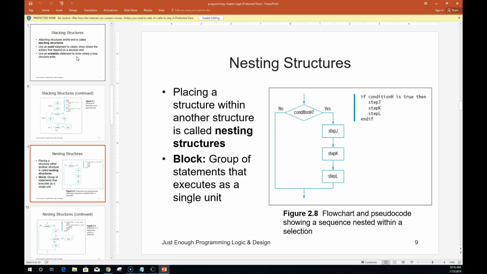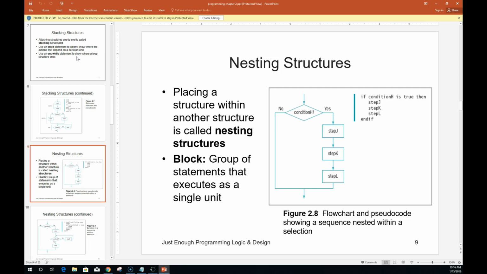So here's where the indents start to come into play and be kind of important. Because I can also do something a little more complicated. I can connect those Legos end to end, but I can also put them inside of each other a little bit. So in this case, I've nested them. So notice I've really got a structure there, a sequence, inside of a selection.